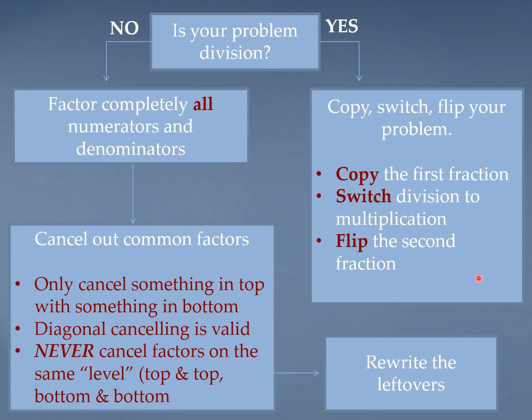After you have done that, you're going to loop back up to this process. Factor everything. Cancel out common factors, and then rewrite the leftovers. Okay, all right. In the next video, what we're going to do is do some examples together to model this flowchart and really nail this out of the park.